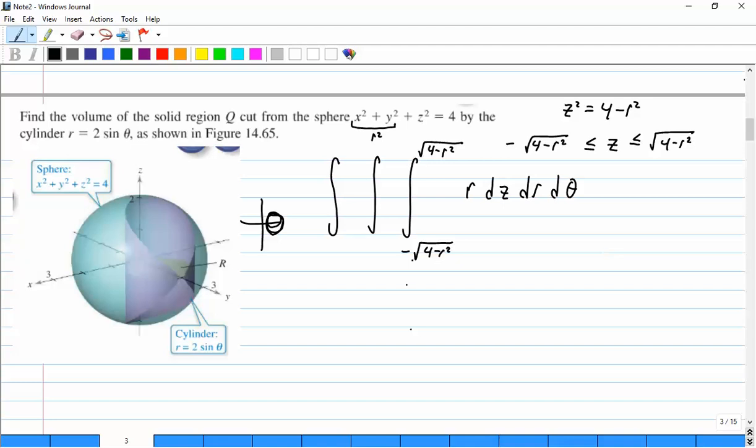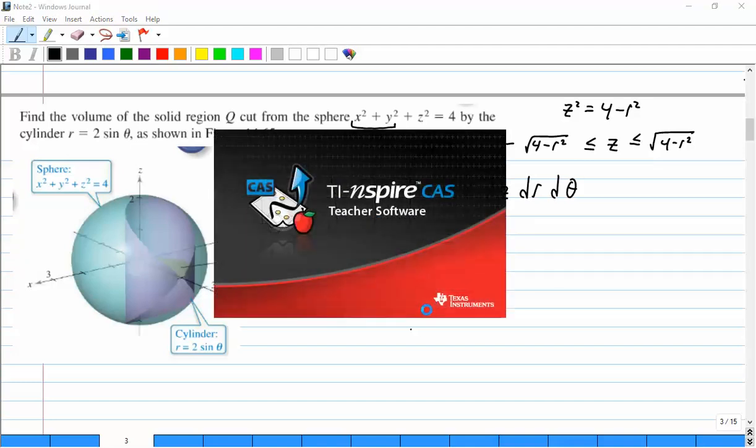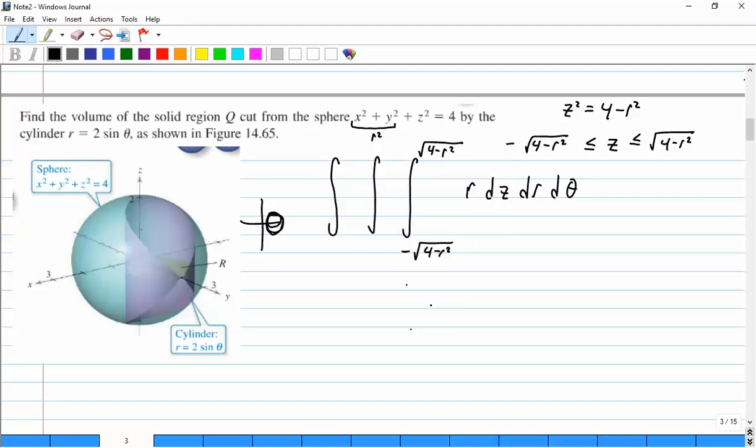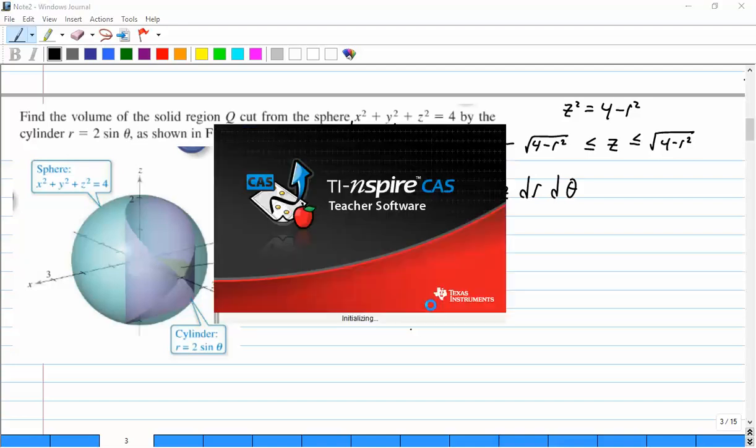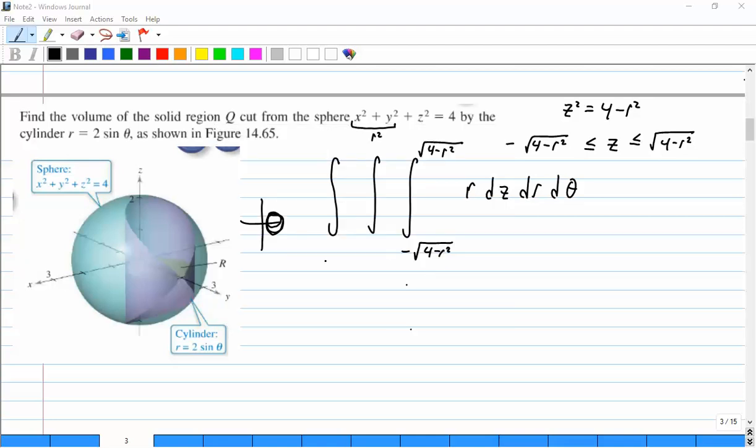I do know, but let's look at it. I mean, we can already be done with this integral. I'm just trying to take it slow.